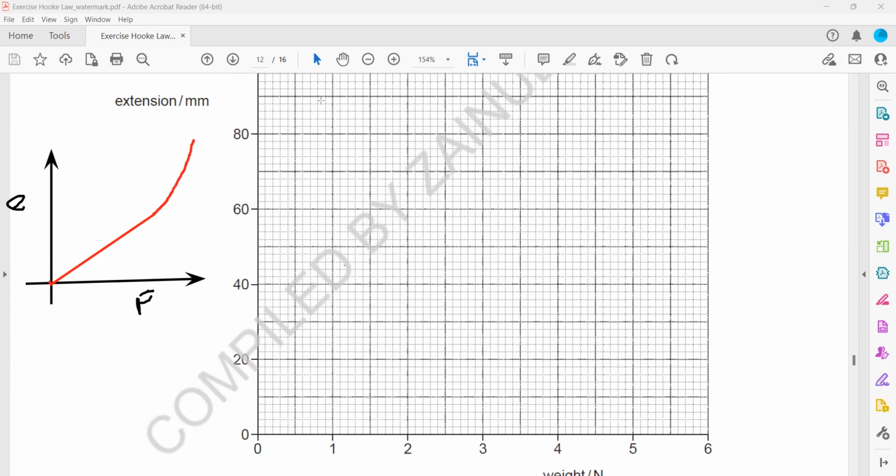If the graph was a bit different, with force on the y-axis and extension on the x-axis, again it will be a straight line, but this time it will curve towards the x-axis. So it's like curving towards the extension axis. If extension is on y, curve towards the y-axis. Extension on x, curve towards the x-axis.